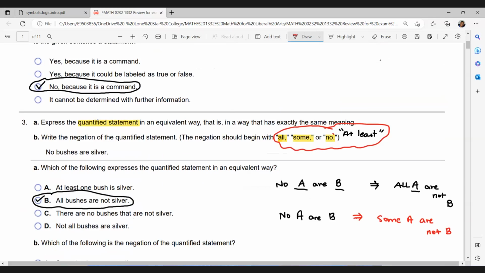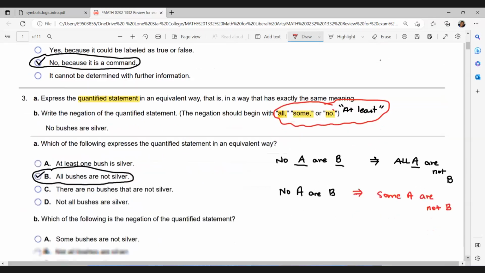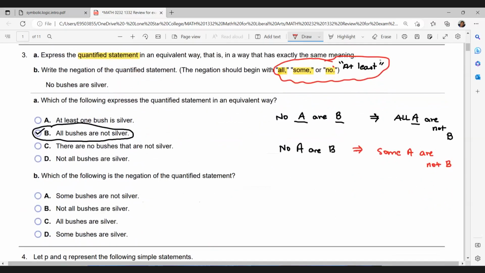So there might be some bushes that are not silver, and that contradicts the statement that none of them are silver. So when we say there might be some that are not, there is my contradiction. And so some bushes, in this case, are not silver.